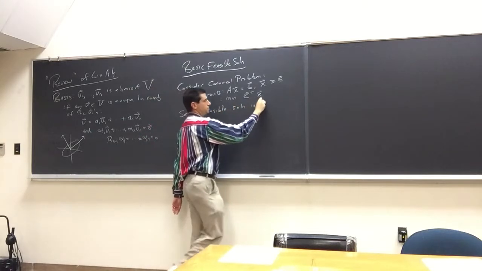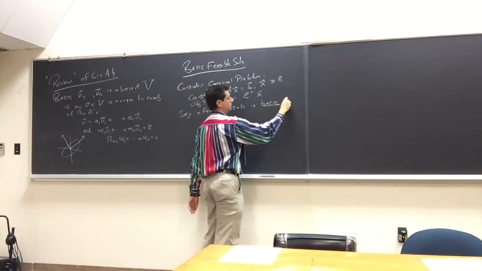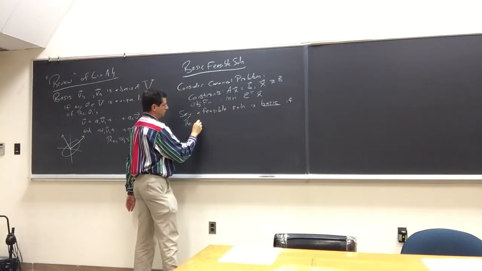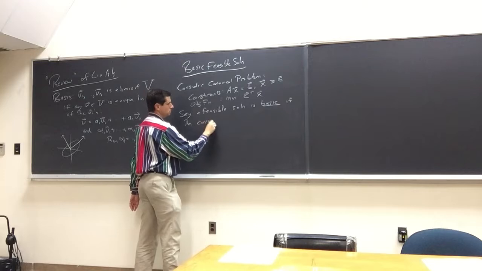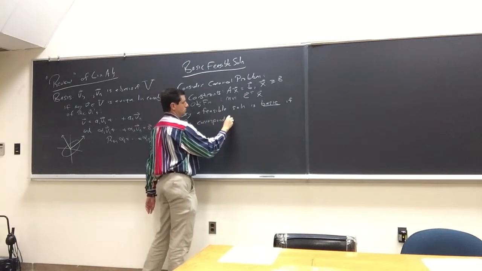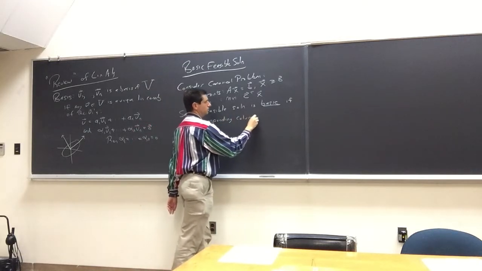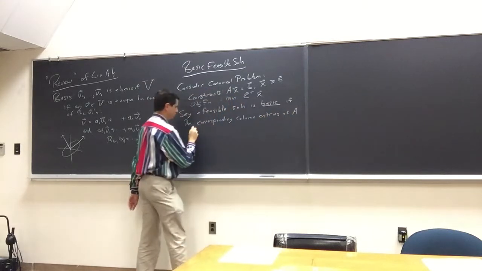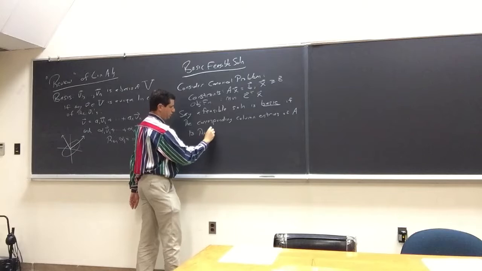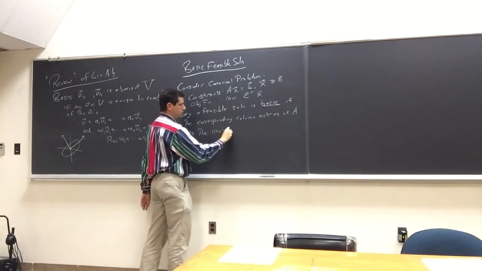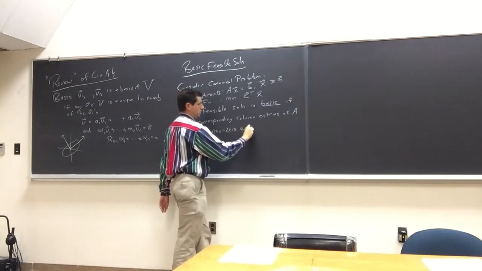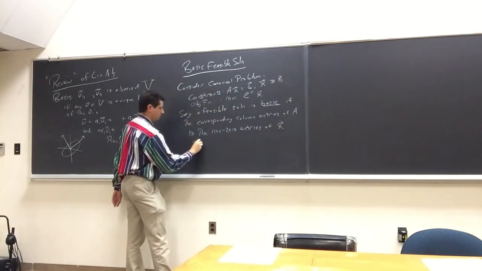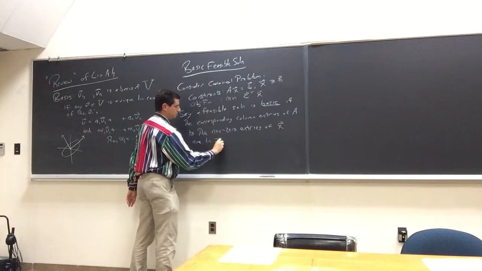Okay? So we say a feasible solution is basic if the corresponding column entries of A to the non-zero entries of x are linearly independent.